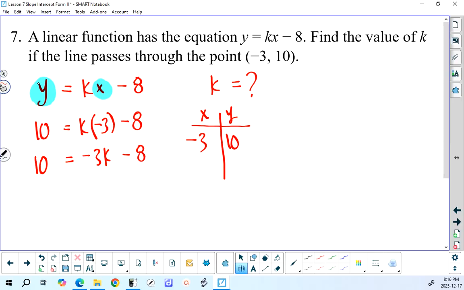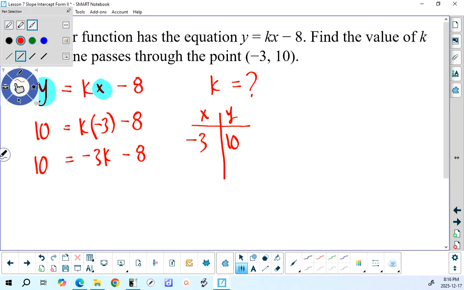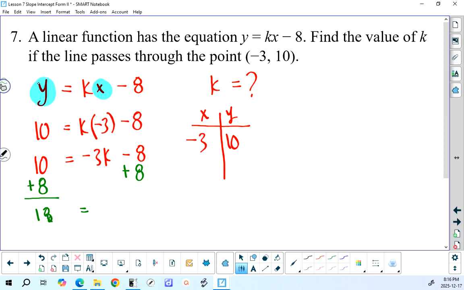And I'm solving for k. You don't have to move the k's to the side where they're positive. Let's leave the k's alone this time. We have to get k by itself, so the first step is to add 8 to both sides. That gives me 18 is equal to negative 3k.